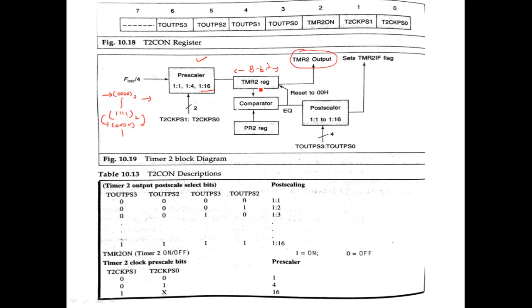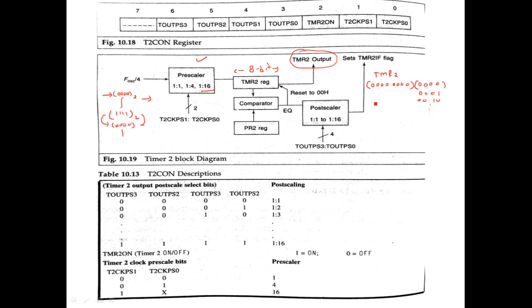So effectively what you understand is that TMR2 is an 8-bit register, for example 0 0 0 0 0 0 0 0. The initial count is suppose this. In addition to this, there are 4 bits which are prescaler bits that can be considered to be appended to this. That's why with every clock cycle, this increments first 0 0 0 1, 0 0 1 0 and so on.